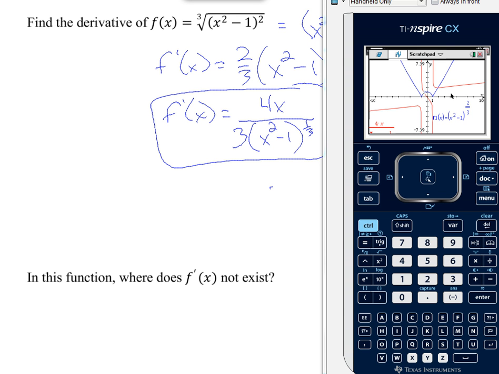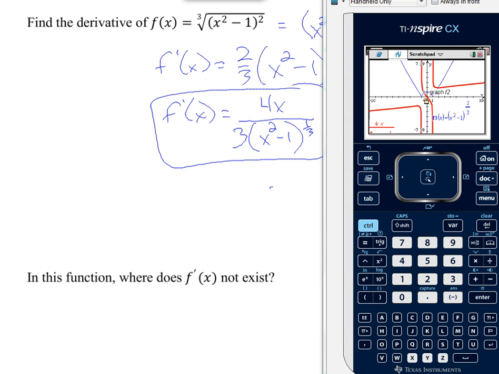original function. Okay? And why is that the case if I look back at my derivative? There's division by 0. Where is there division by 0? When x is exactly 1 or -1. Okay? So the derivative function is very closely tied to the original function. If we have a non-differentiable situation in the original function, in the derivative you will see division by 0 most likely.